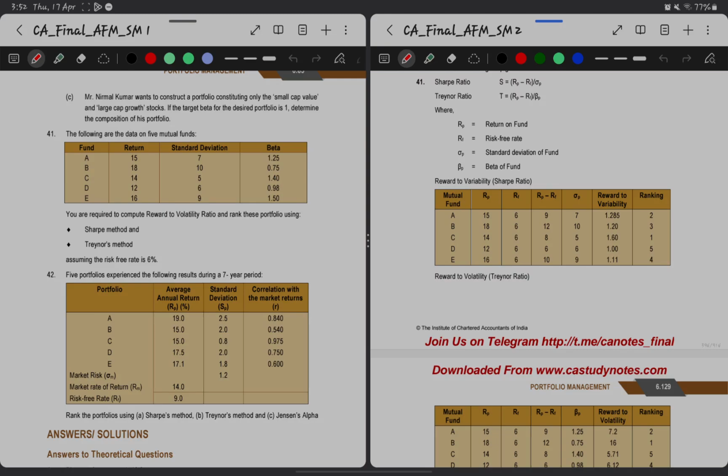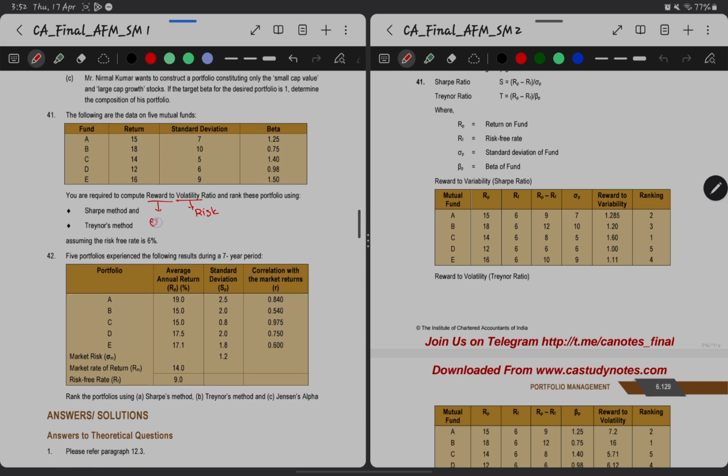So the reward to volatility ratio. Volatility is nothing but risk, and reward is the extra return which we are getting compared to the risk-free return. So extra return.